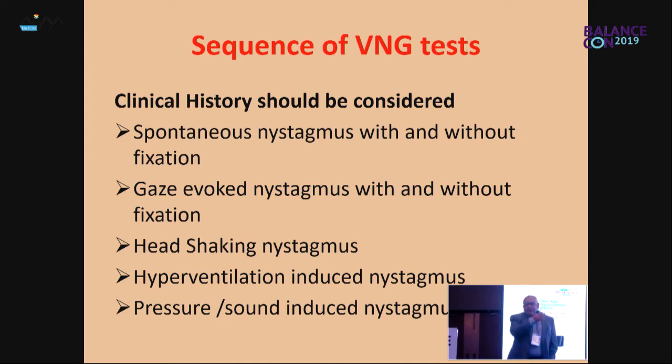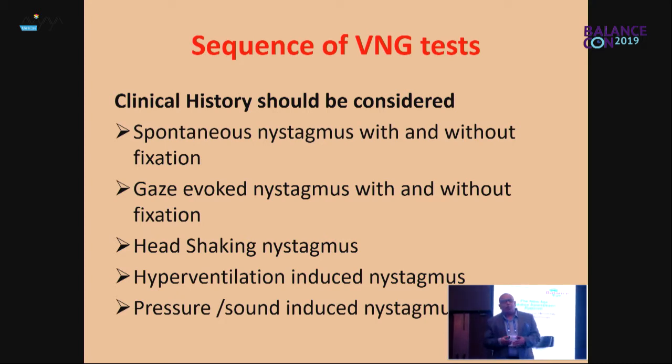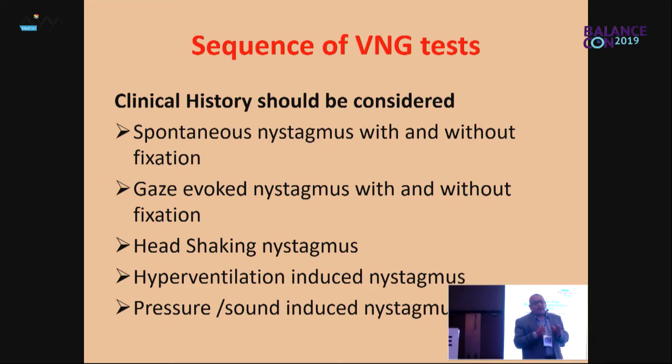You cannot do everything for each patient, so we have to tailor. Most of you work in busy clinics, and even if you have the time, we don't have to expose the patient to all the testing. That's exhausting, time consuming, and sometimes boring for the patient. So you have to tailor which test or subtest you choose during videonystagmography based on the clinical history.